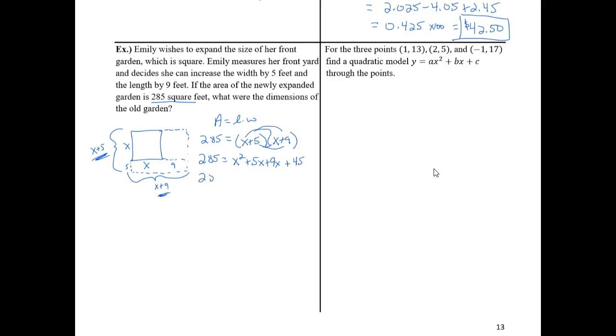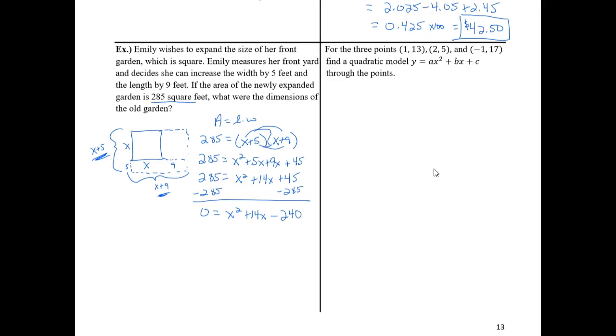I'm going to combine my like terms. 5x plus 9x is 14x. And then because it's a quadratic, I need to get everything on one side, set it equal to 0. And now I'll have 45 minus 285, which will be negative 240.